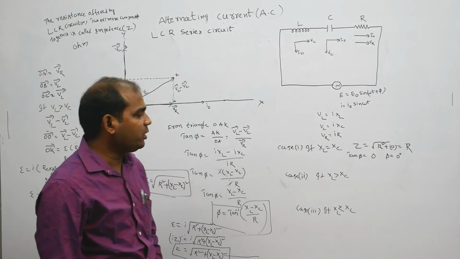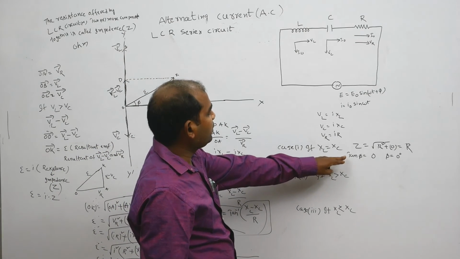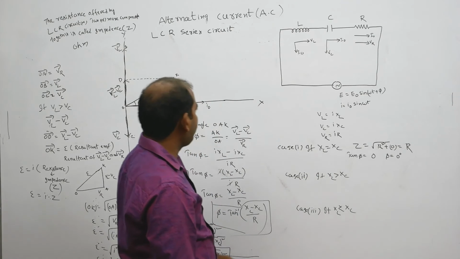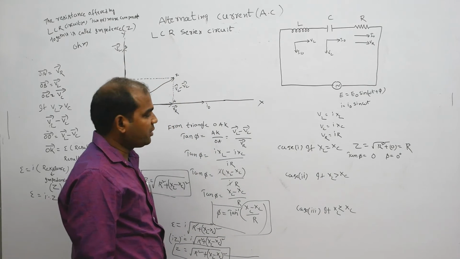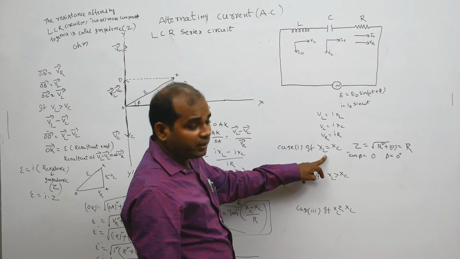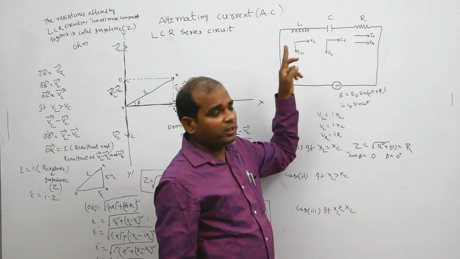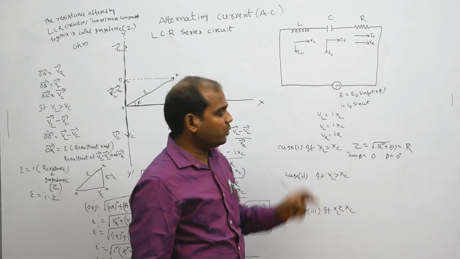When phi is 0 degrees, what does it mean? Both are in the same phase. The EMF phasor as well as the current phasor are in the same phase. When there is no phase difference, the LCR circuit together acts as a pure resistance circuit.